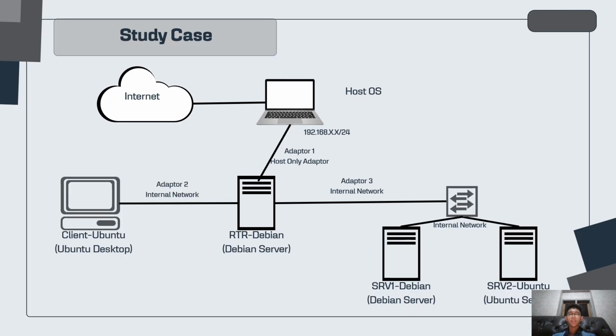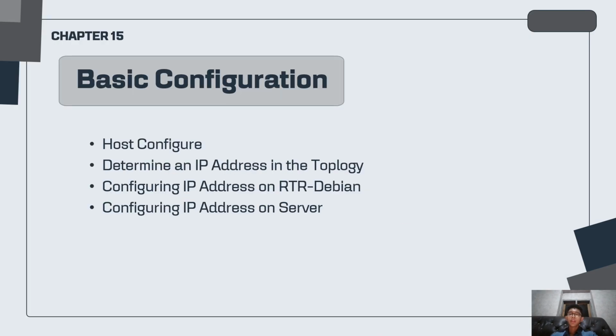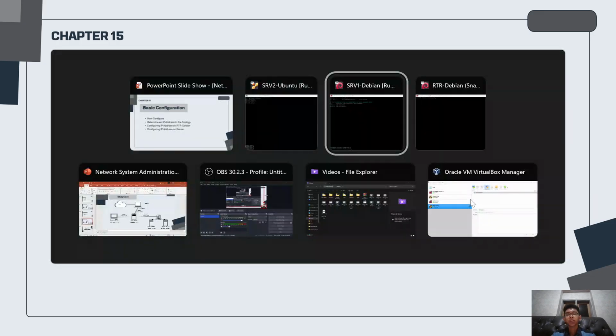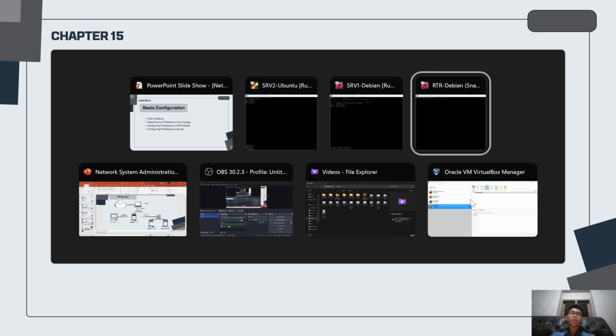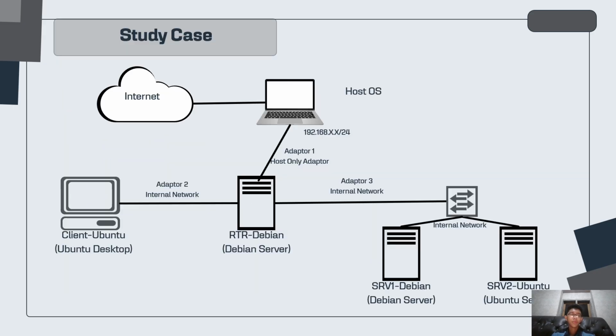And the next one is determining an IP address in the topology. So I will set the IP address from the router Debian, which is in here. I will open my topology, which is the IP from the host OS. It is connected to the host only adapter, which is adapter 1 into the router Debian.